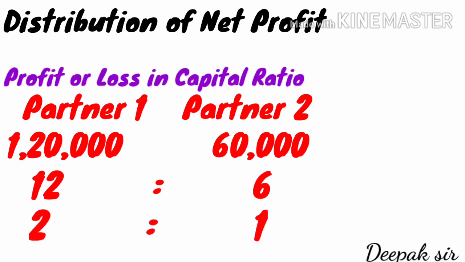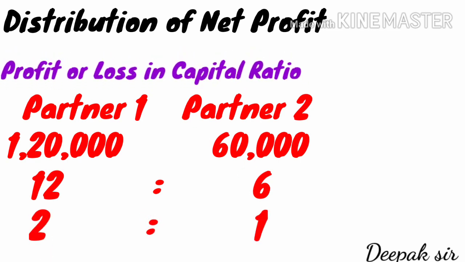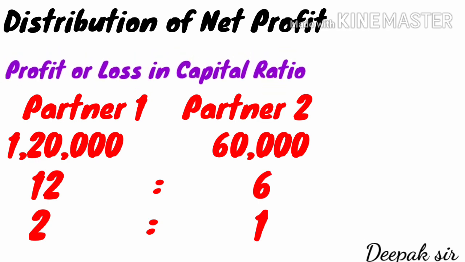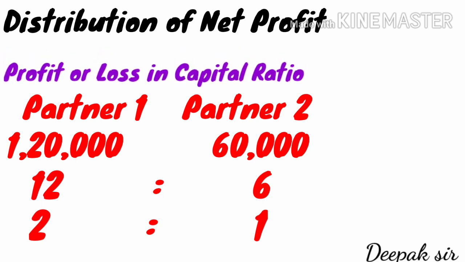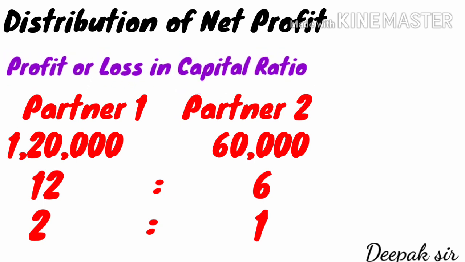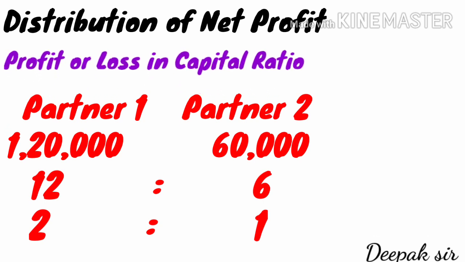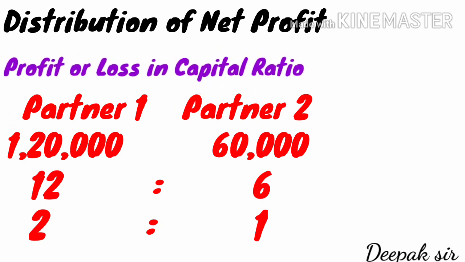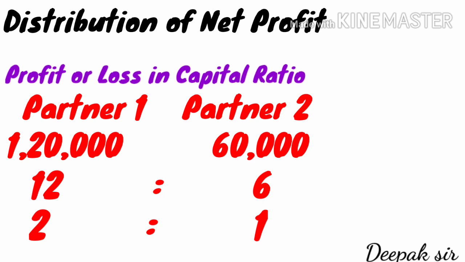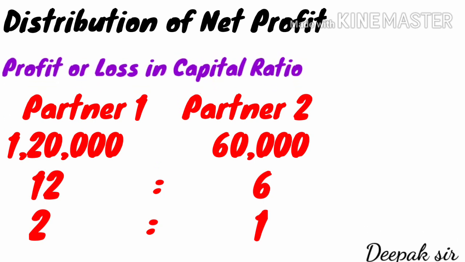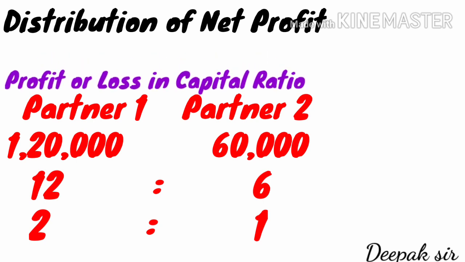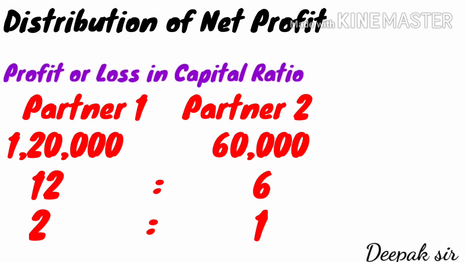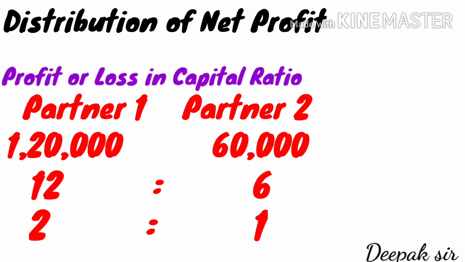So the ratio will be 2:1, and in this 2:1 we have to distribute the net profit. So if the problem says profit and loss will be distributed in their capital ratio, then we have to see the amount of capital, minimize the amount, and calculate the ratio.